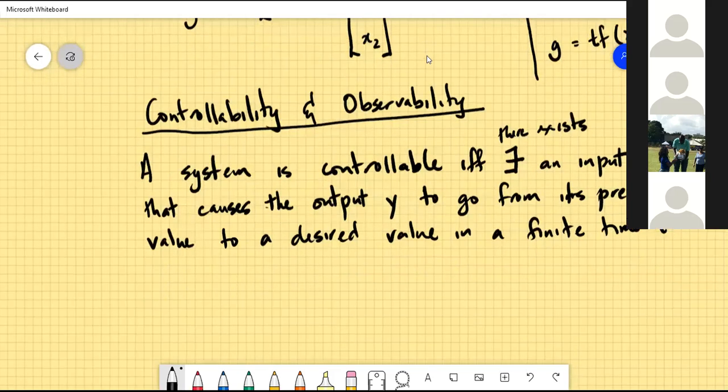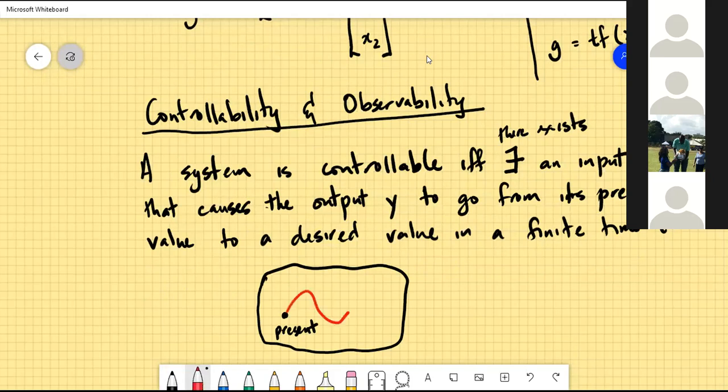So let us say that this is your system and this is your present state, and you want to get to over here, and so there must be an input u.